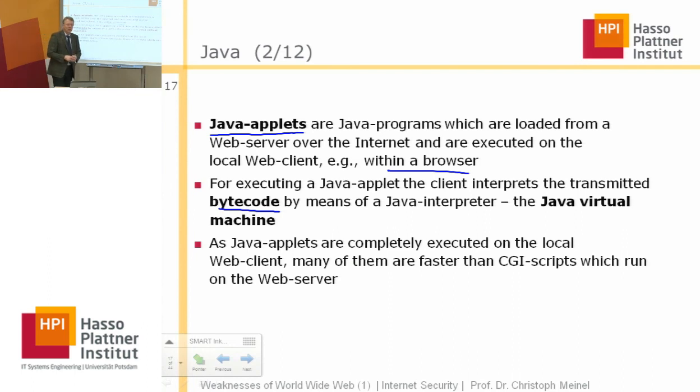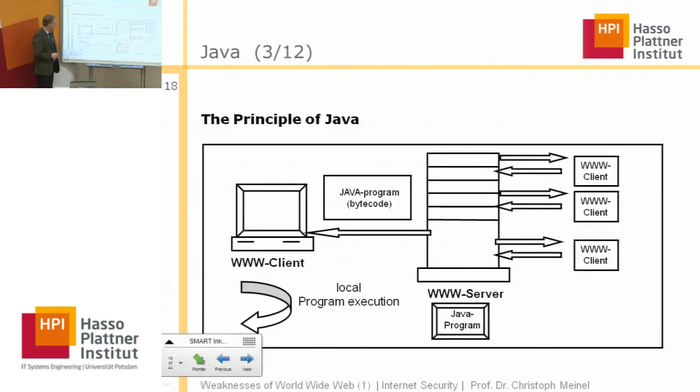And this is the advantage of this mechanism, since these Java applets are completely executed on the local client, many of them are much faster than CGI scripts which run on the web server, and only the results are transported to the client and displayed by the browser. So this is the principle of Java.